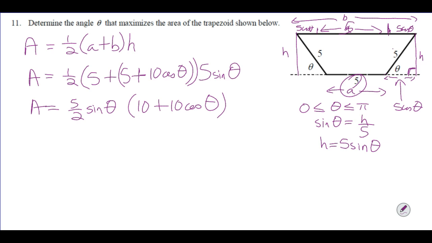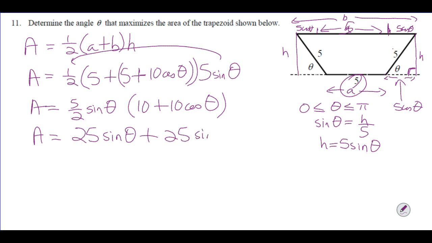We move the 1/2 and the 5 sine theta up front. We don't want to do this as a product, because we can just multiply the sine theta through. So A is equal to 25 sine theta plus 25 sine theta cos theta.